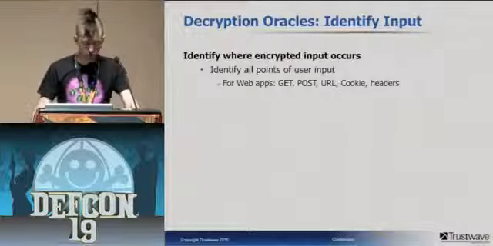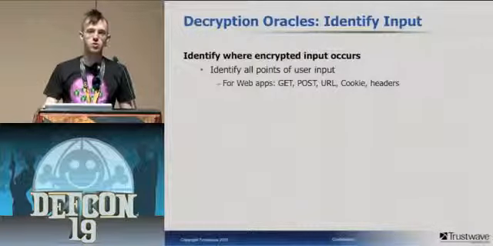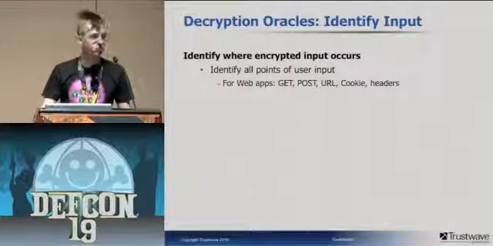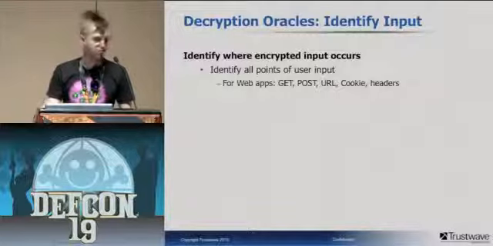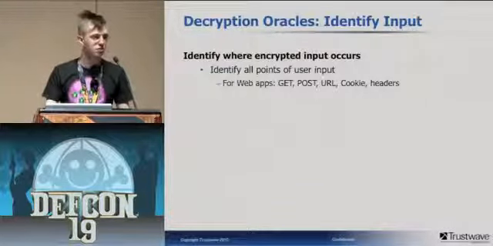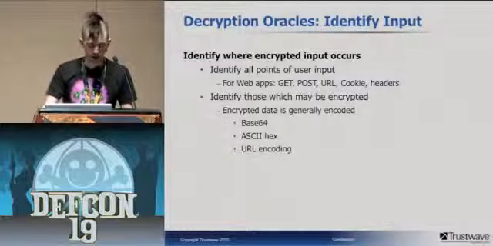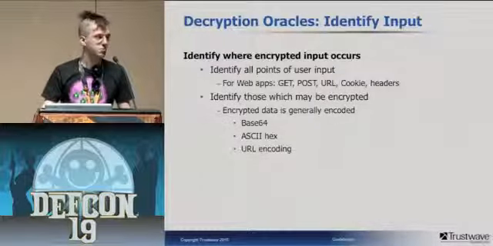So when we're looking for decryption oracles, we're going to look for ciphertext being passed in as some sort of input. You're going to want to look for all points of user input: GET, POST, URL, anything in the cookie field or in HTTP headers, which is a little bit rare but can happen. And then identify those which might be encrypted.